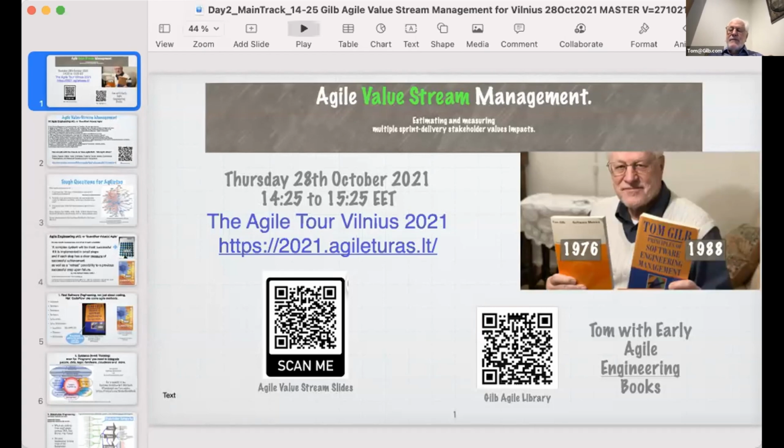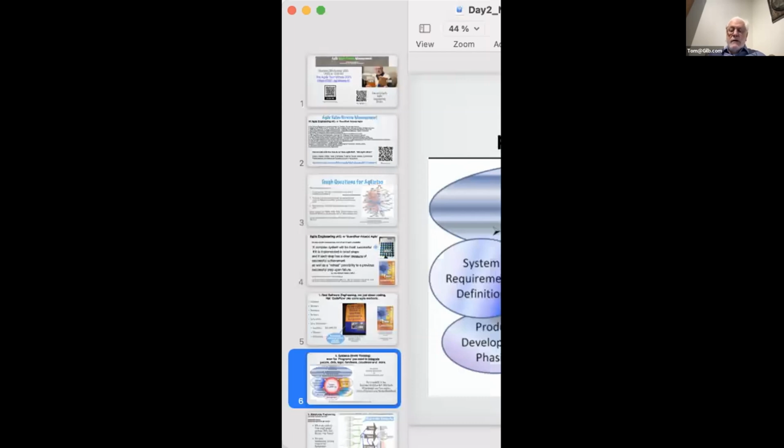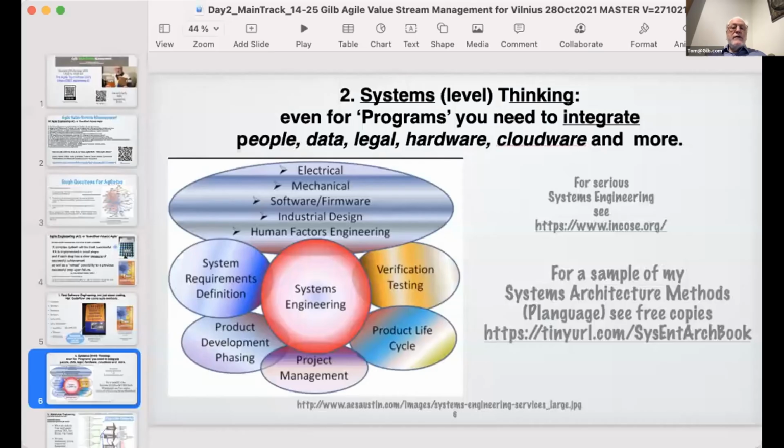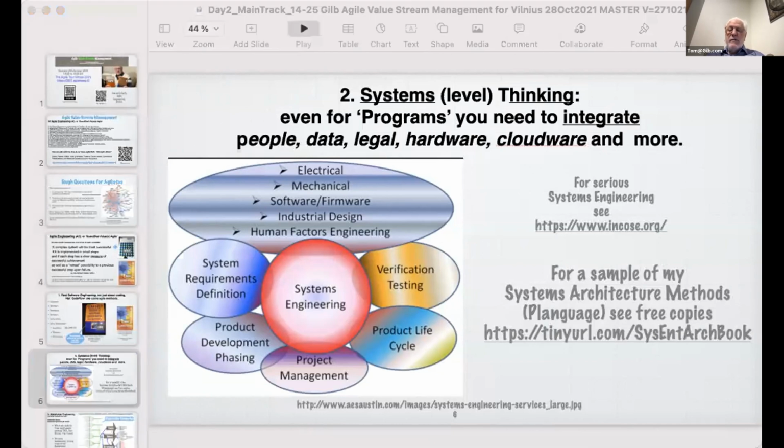Tom, I'm sorry, I have to interrupt because I feel like your screen sharing is frozen. Can you try to reshare? I still see you on the first slide. I'll try to share again. I will stop share and redo it. Resume share.